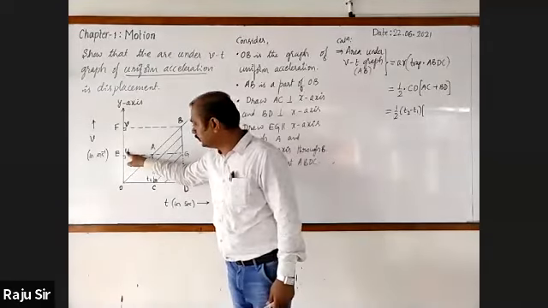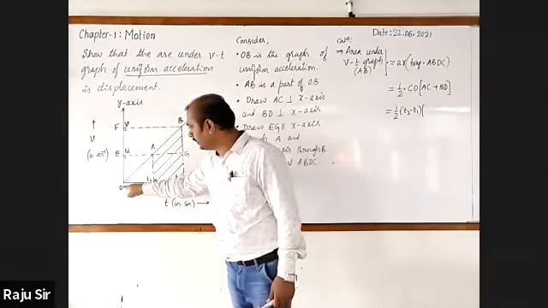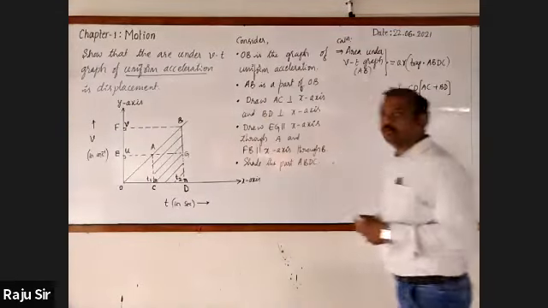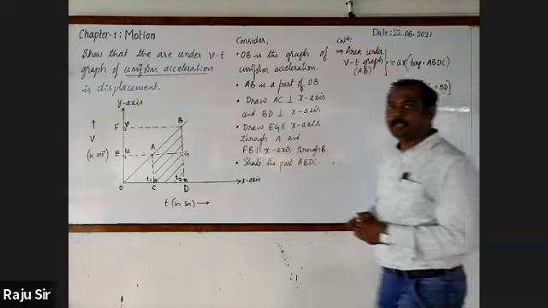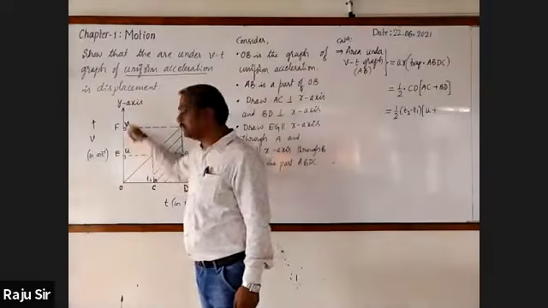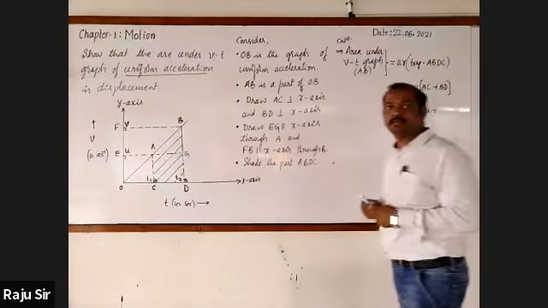The velocity at A is U. You may take U minus 0, which is nothing but U, plus BD. The velocity at B is V minus 0. V minus 0 is V.